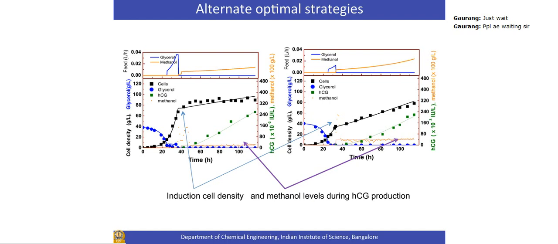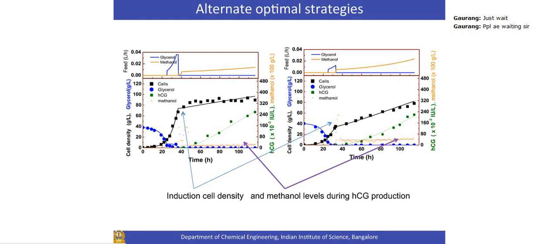This is all the glycerol phase, and then you start supplying methanol. Notice here, both glycerol and methanol are no longer constant rates. These are my optimal rates that I have got, and the resulting protein comes in this production phase, and you get almost 50% higher protein compared to that standard protocol that I mentioned.